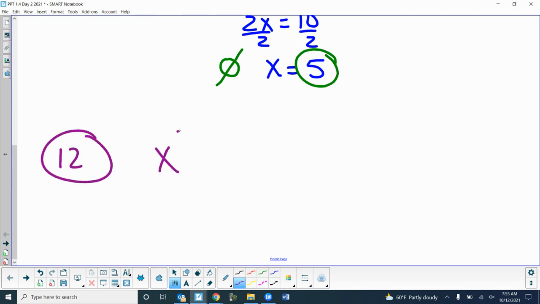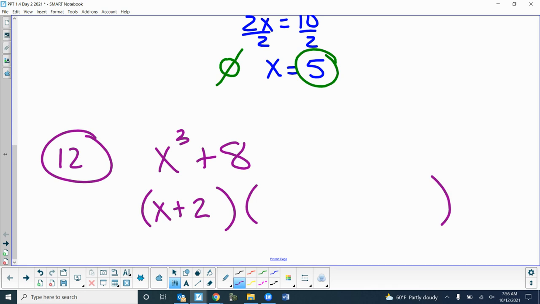So that was x cubed plus 8. Whenever any exponent is a multiple of 3, it's a perfect cube, and 8's a perfect cube. What's the cube root of 8? 2. All right, so my binomial part is taking the cube root of both of those, so that's x plus 2. And this was equal to 0, right? My trinomial part is taking the first term of the binomial and squaring it.